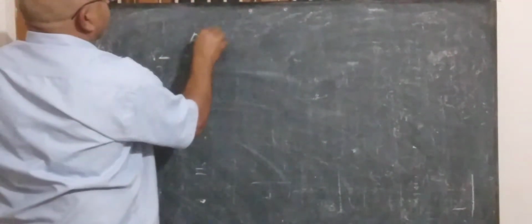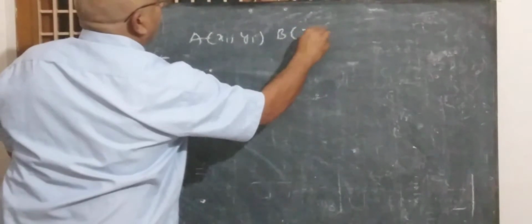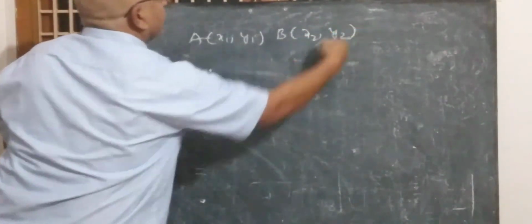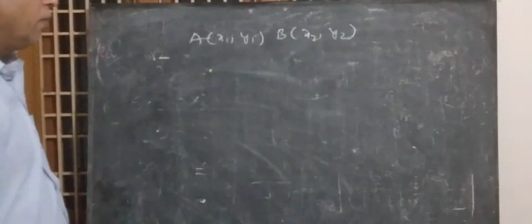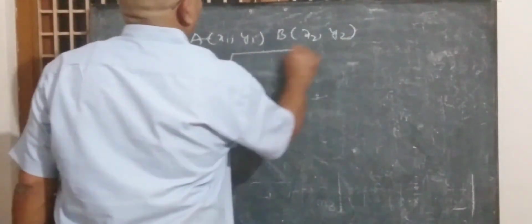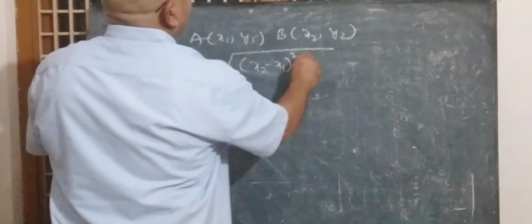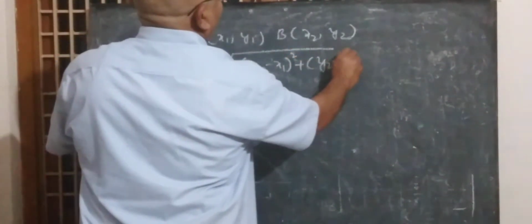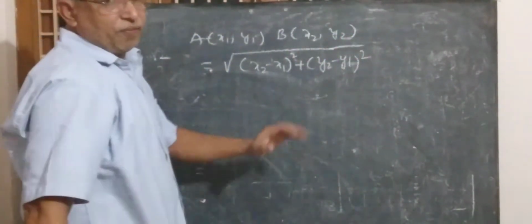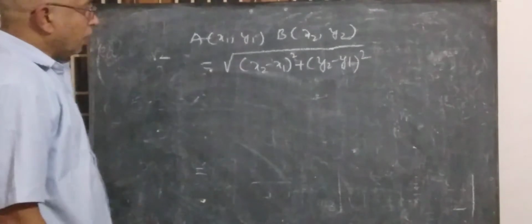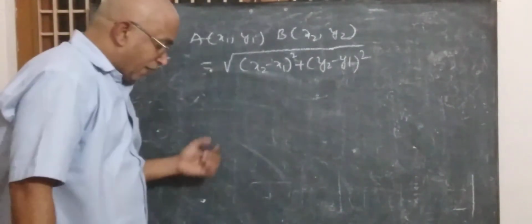A (x1, y1), B (x2, y2) are two points given. The distance between these two points, what is the formula? Square root of x2 minus x1 whole square plus y2 minus y1 whole square. This is the distance on a plane surface. Clear? So x2 minus x1 whole square, y2 minus y1 whole square.